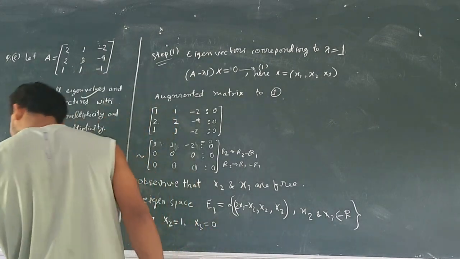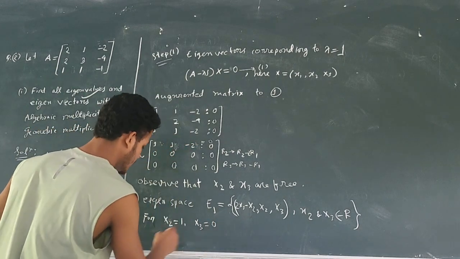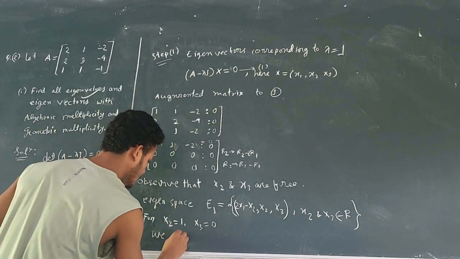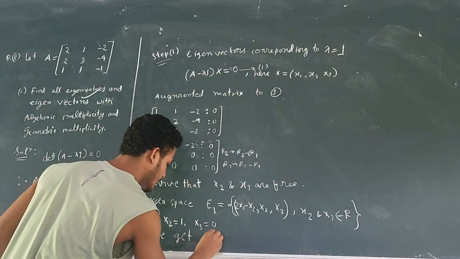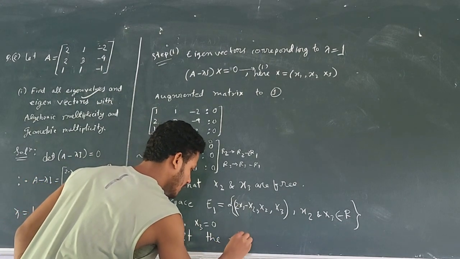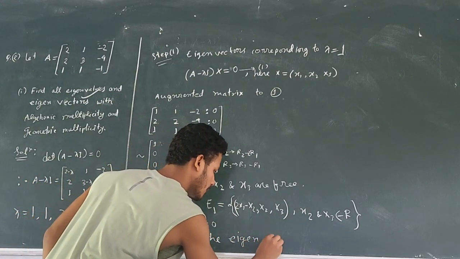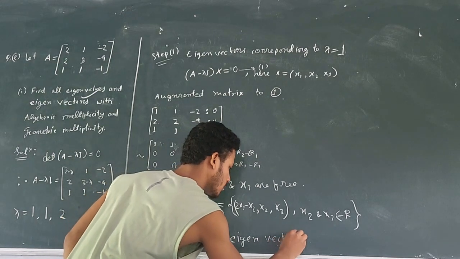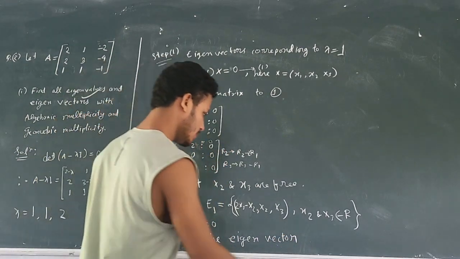We get the eigenvector. What will that be?